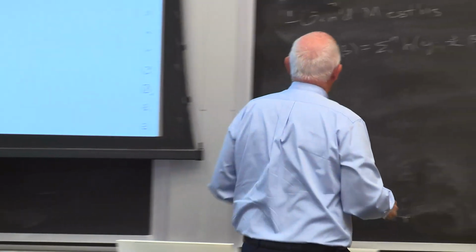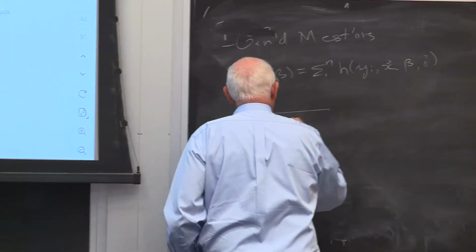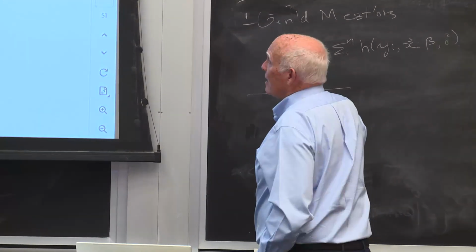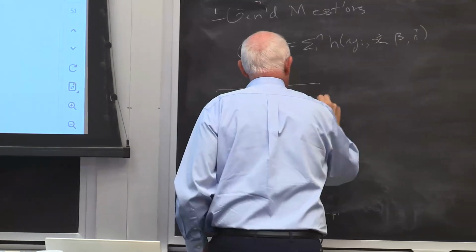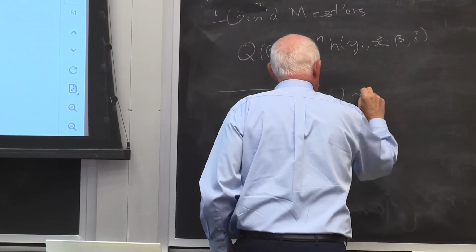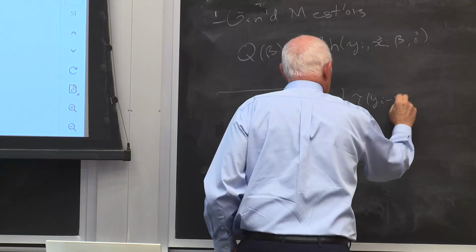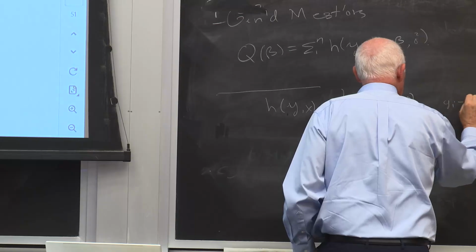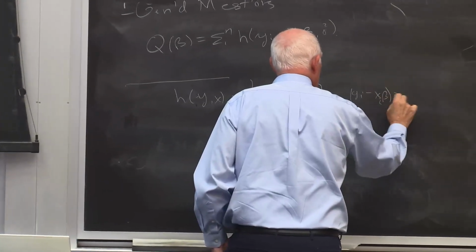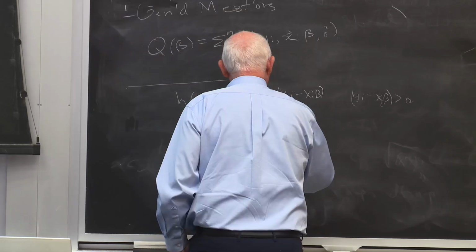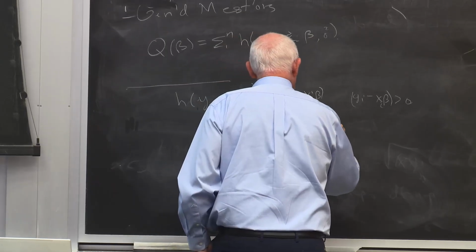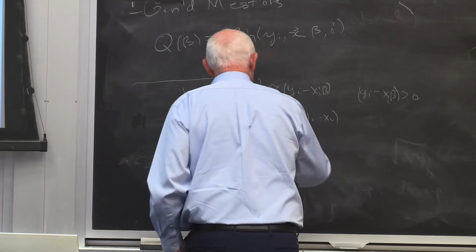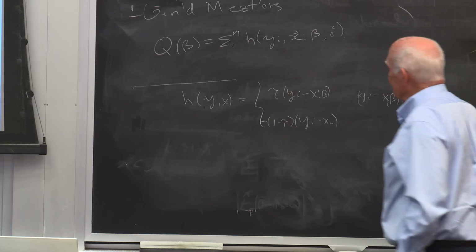But for other tau, h of y, x equals tau times (y_i minus x_i beta) when this is positive, and it's equal to (1 minus tau) times minus this when it is less than 0.